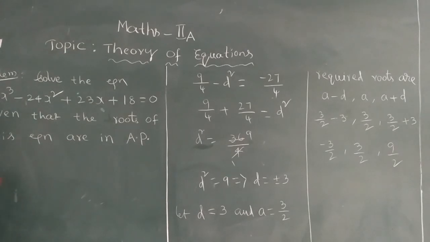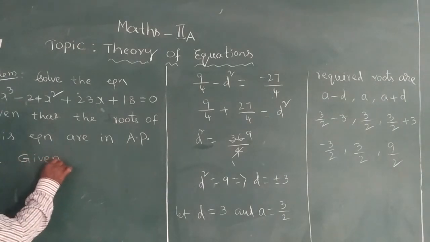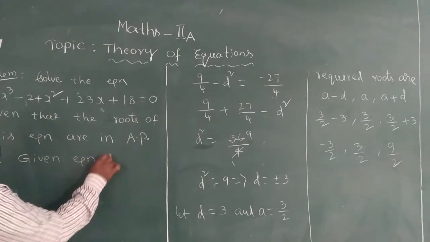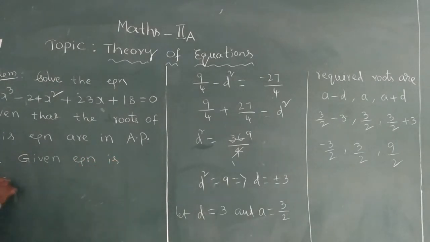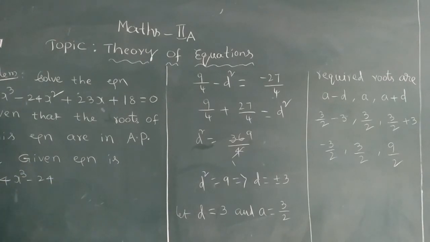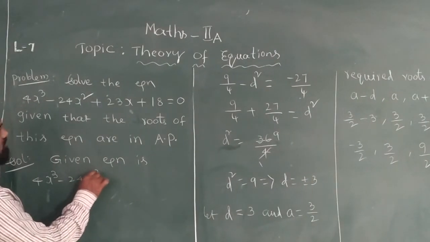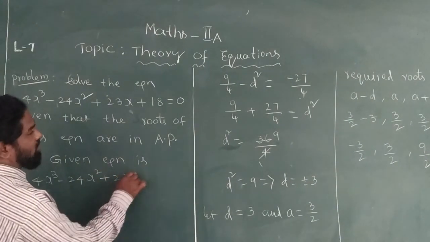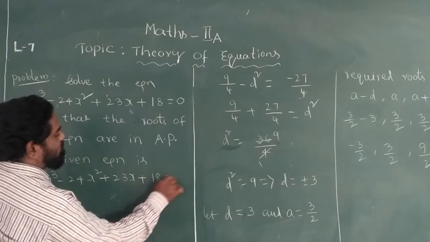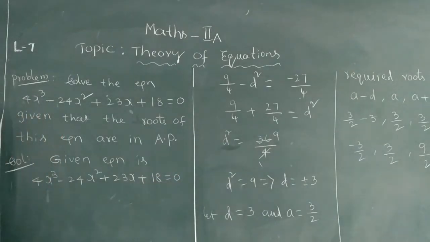Now, solution. What is given equation here? Given equation is 4x cube minus 24x square plus 23x plus 18 equals 0.